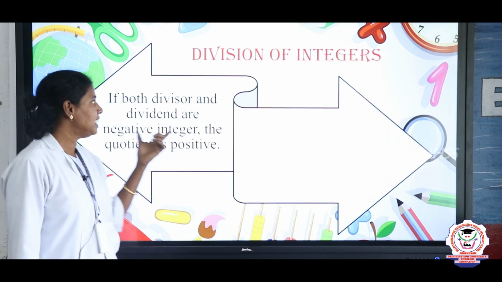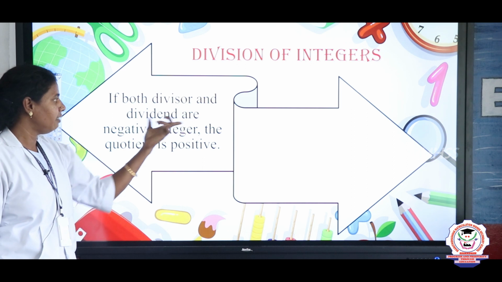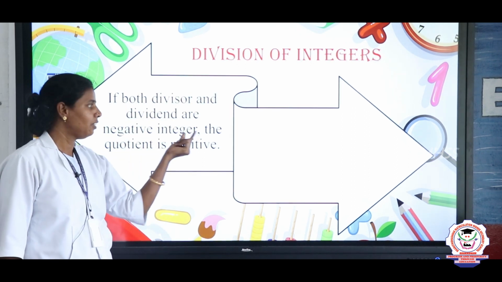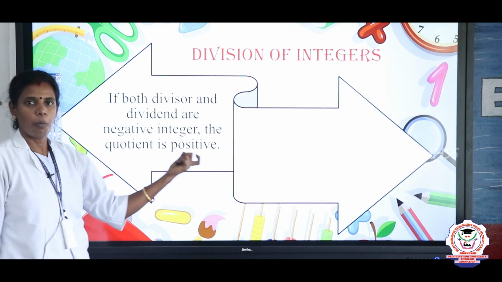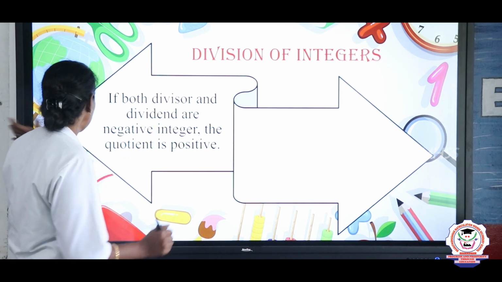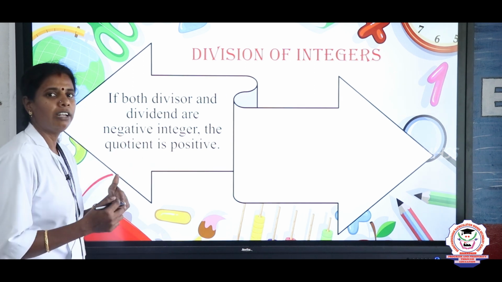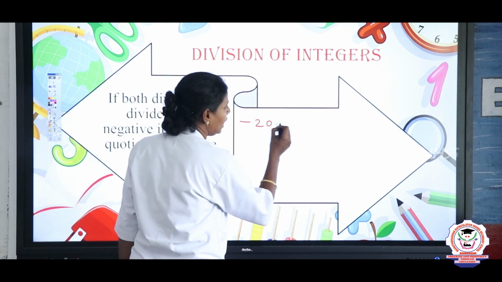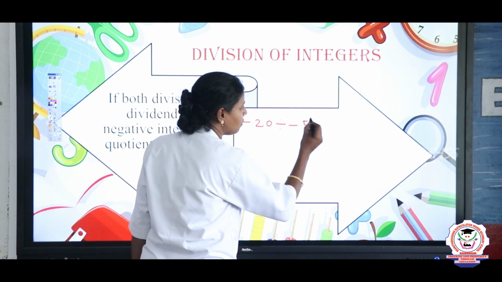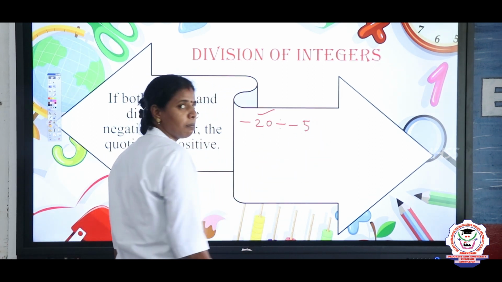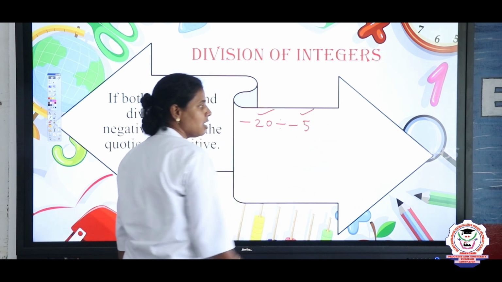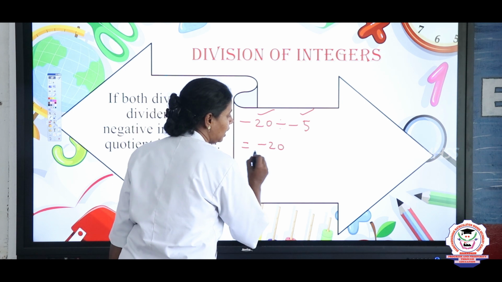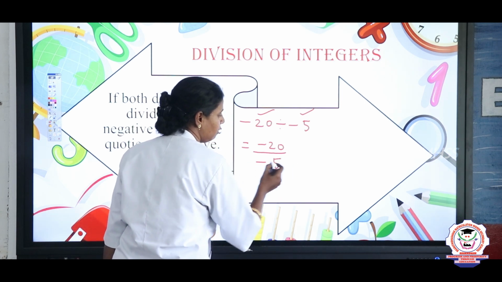Division of integers. If both the divisor and dividend are negative, we have seen that the quotient is positive. For example, we take negative integers: minus 20 divided by minus 5. Dividend is a negative integer and divisor is also a negative integer. How to find the quotient? Minus 20 divided by minus 5.